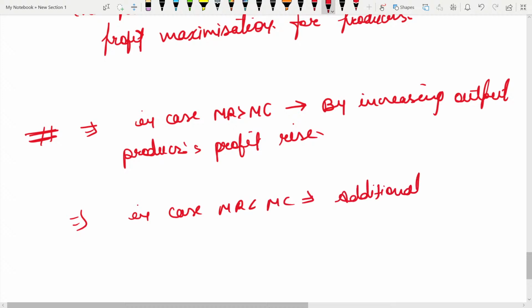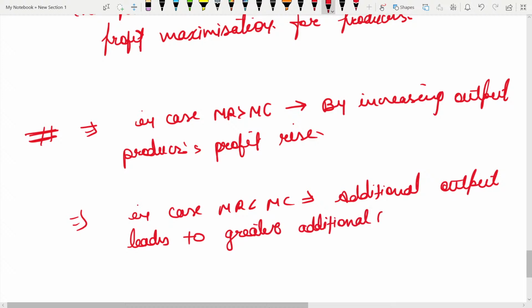In the second situation, in case MR is less than MC, what will happen? Additional output leads to greater additional cost than additional revenue.